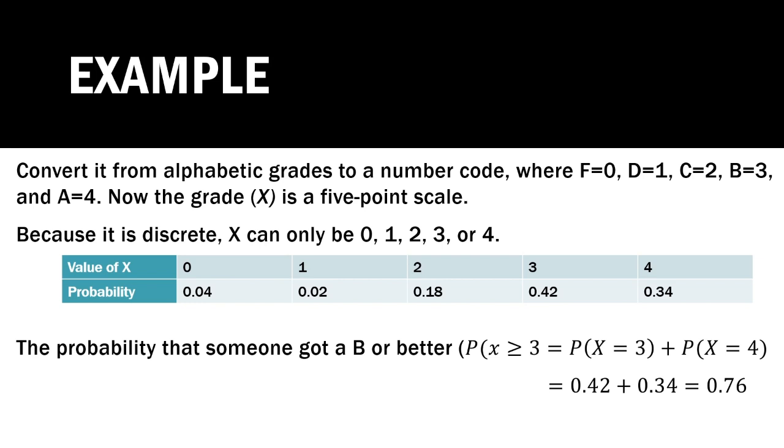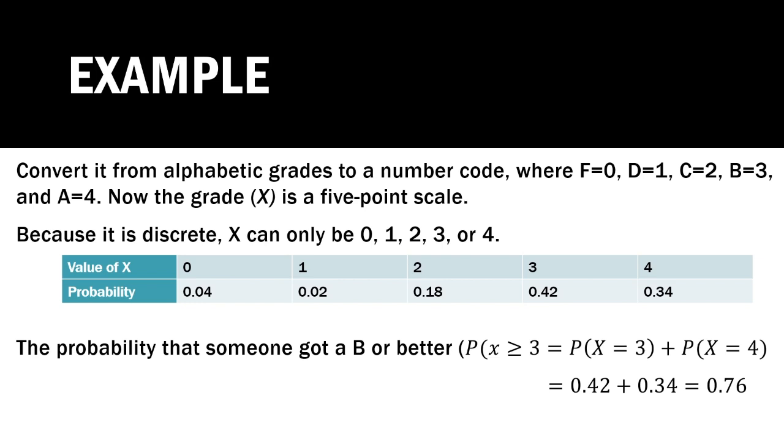And obviously, alphanumeric grades, A, B, C, they're very specific. You can only have an A, B, C, D, or F. Or in this case, 0, 1, 2, 3, and 4. And the nice thing about this whole probability is a lot of times you can just add it up.